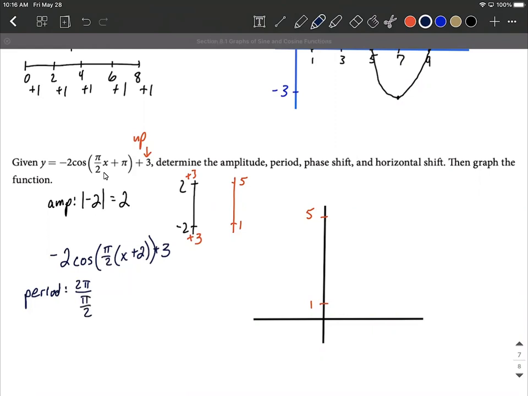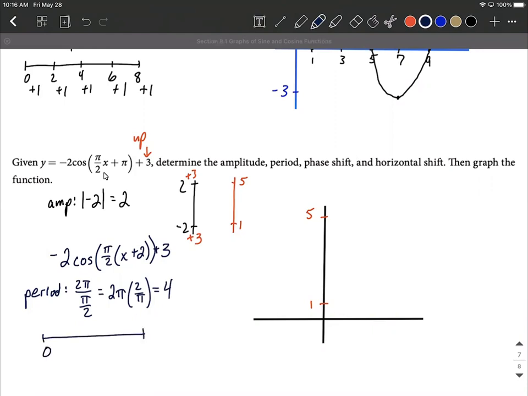This computation is equivalent to 2 pi multiplied by the reciprocal. So I'm going to multiply here by 2 over pi. We can simplify by multiplying by pi and dividing by pi. Our period is going to be 4. That means 4 units from beginning to end.